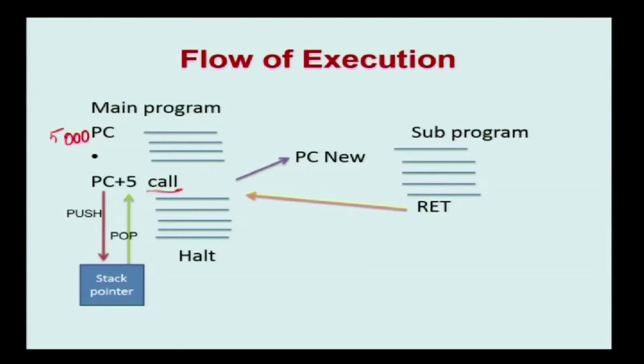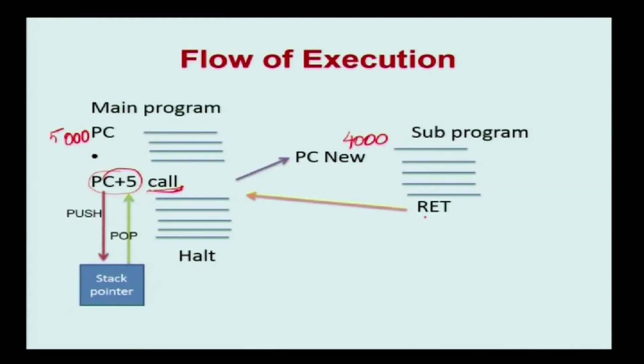Once it reaches the call instruction, it switches over to the subprogram. Before switching over to the new address, the present address is pushed onto the stack by the push instruction. Now the new value, the address of the subprogram, suppose 4000, is loaded into the program counter. Automatically the program counter takes 4000 and reads the instructions.